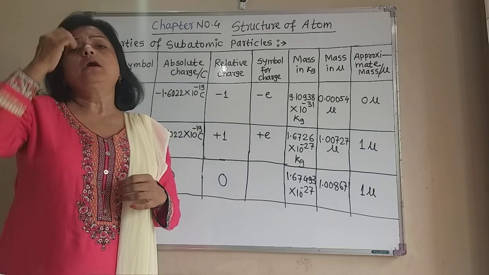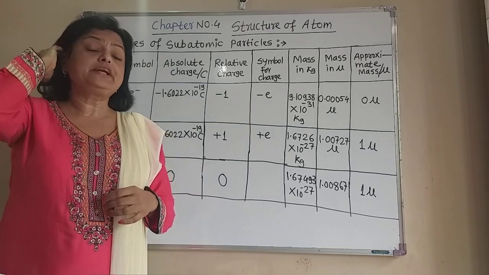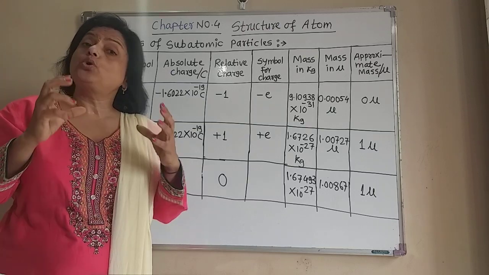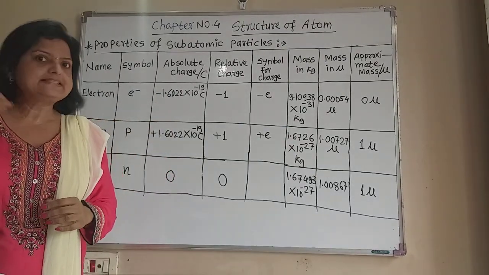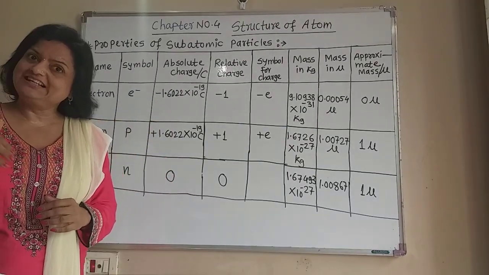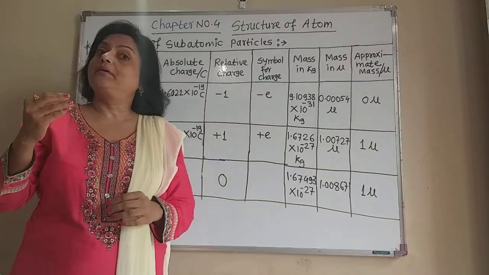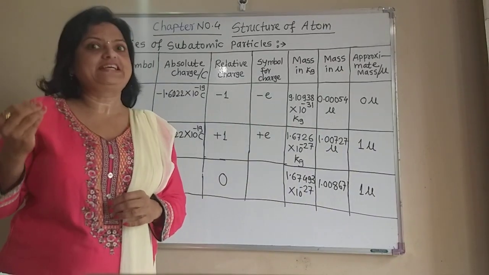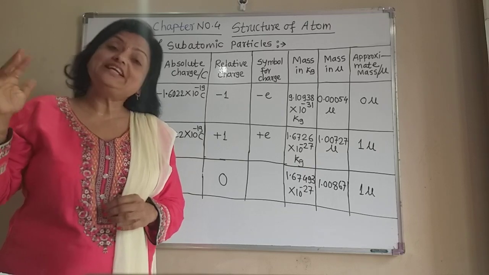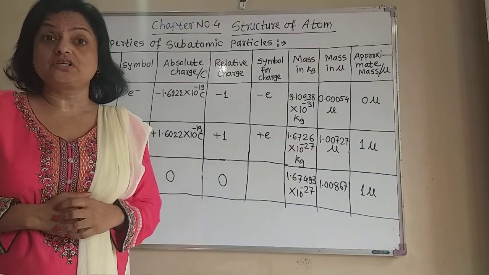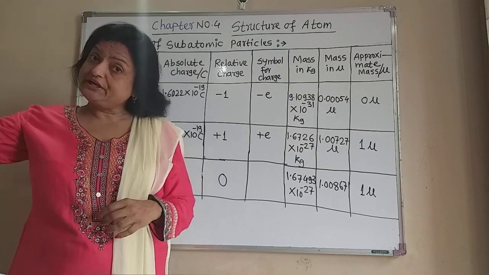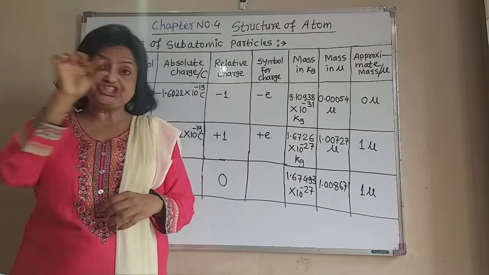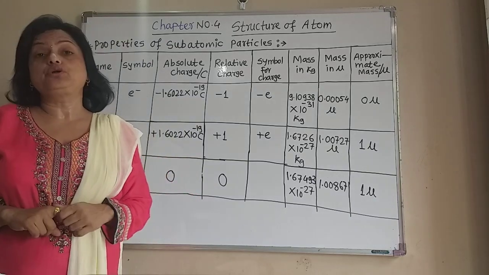He prepared a cathode ray tube, and he said that the cathode rays are nothing but negatively charged particles, and after that the name electrons was given to those particles. The cathode rays are nothing but a stream of negatively charged electrons.